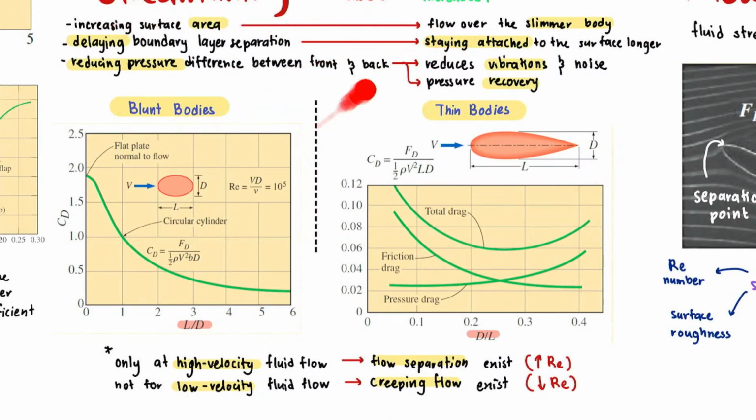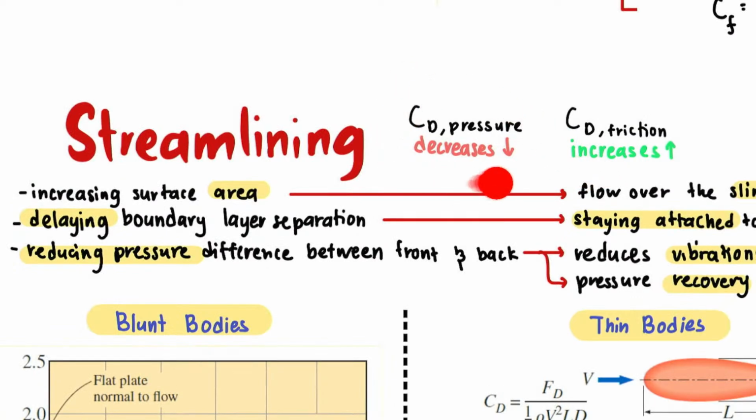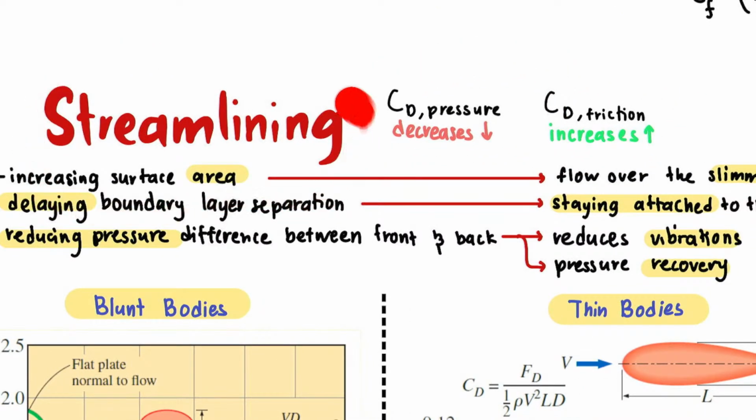So streamlining, to simplify it, is decreasing the pressure drag and increasing the friction, which is overall decreasing the drag. So how do we streamline a body? We increase the surface area, we delay the boundary layer separation, we reduce the pressure difference between the front and the back.